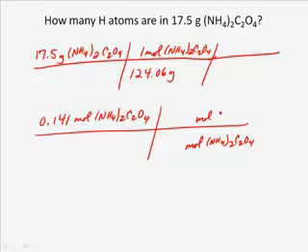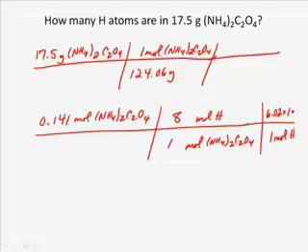For every 1 mole of the whole thing, according to that formula, I have 8 moles of hydrogen. If I stopped there, I would have moles of hydrogen atoms, but the question asked for hydrogen atoms total, so I have one more step. 1 mole of hydrogen is 6.02 times 10 to the 23rd atoms. So times 8 times 6.02 times 10 to the 23rd, and I get 6.8 times 10 to the 23rd hydrogen atoms.